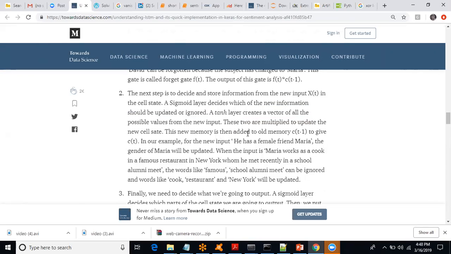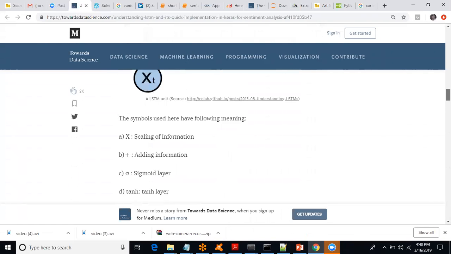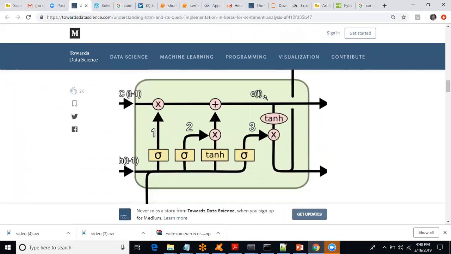The new memory is added to the old memory to give C of t. So C of t is this one.